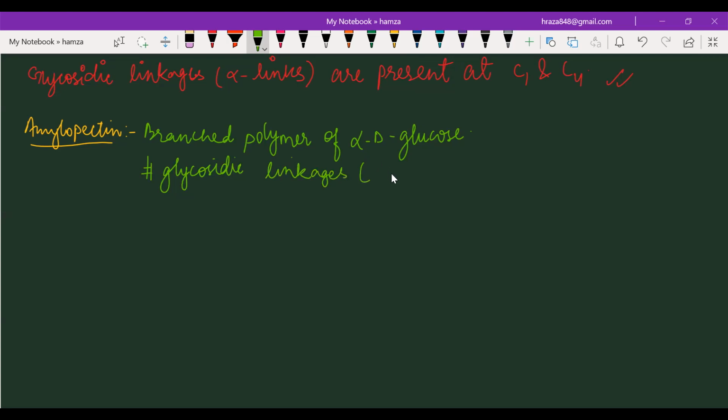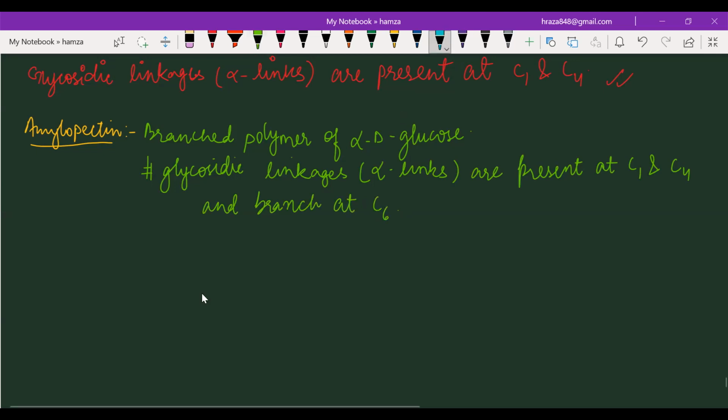Here the linkages will be alpha links present at C1 and C4 and branch at C6. So I'm going to just do this. It's very easy.